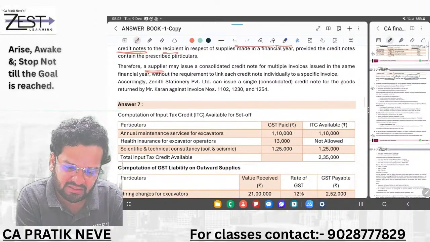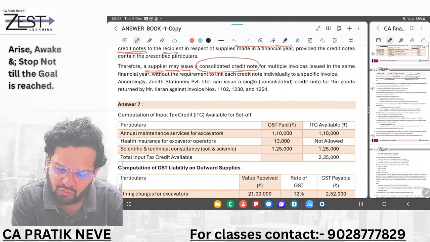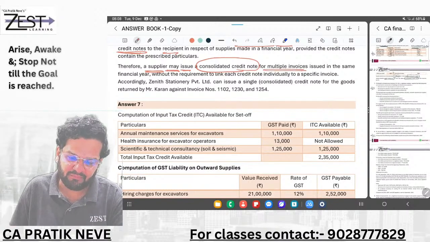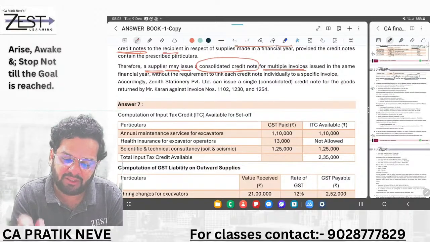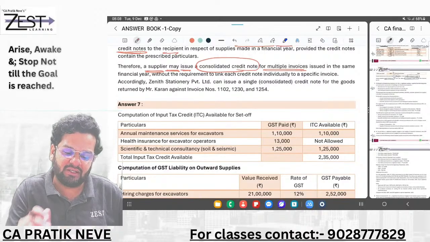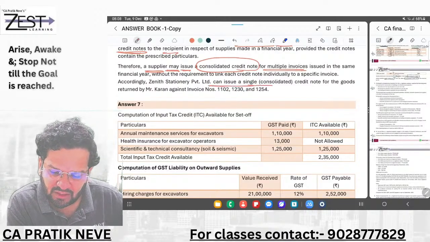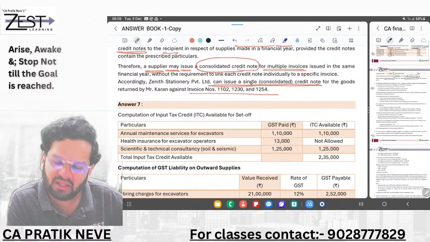Therefore, the supplier may issue a consolidated credit note for multiple invoices in the same financial year, absolutely no problem, without the requirement to link each credit note individually to a specific invoice. Accordingly, Zenith Stationery Private Limited can issue a consolidated credit note against these multiple invoices.